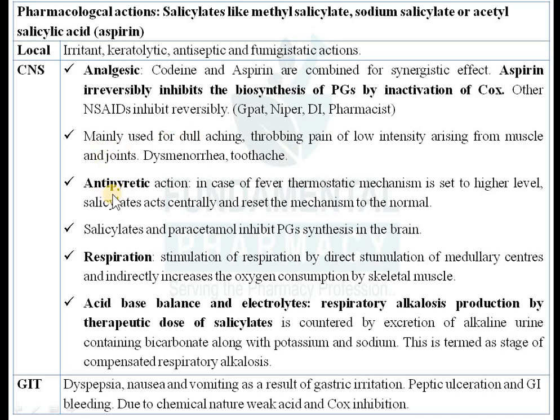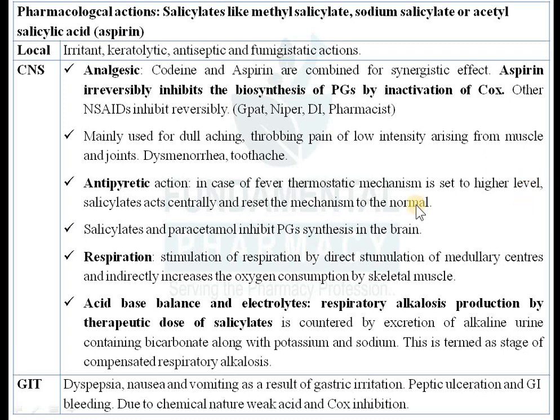Then antipyretic, how do they act as antipyretic? In case of fever, the thermostatic mechanism is set to a higher level in the hypothalamus. We have seen this. This aspirin will bring down the body temperature by resetting the thermostat in the hypothalamus.